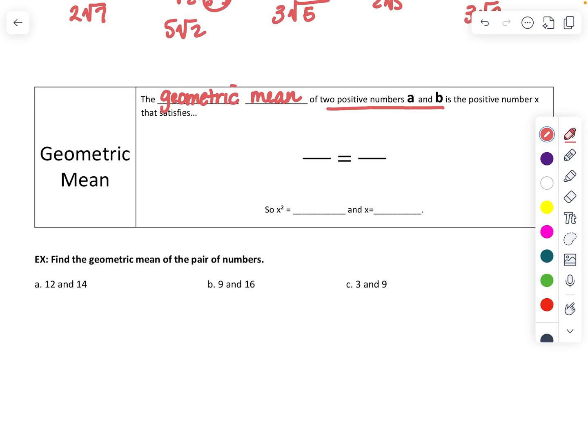So in this case, we'll write it like this: a over x equals x over b. And so if you cross multiply, x squared equals a times b. And to get x alone, or the geometric mean alone, you would square root it. So x equals the square root of a times b.